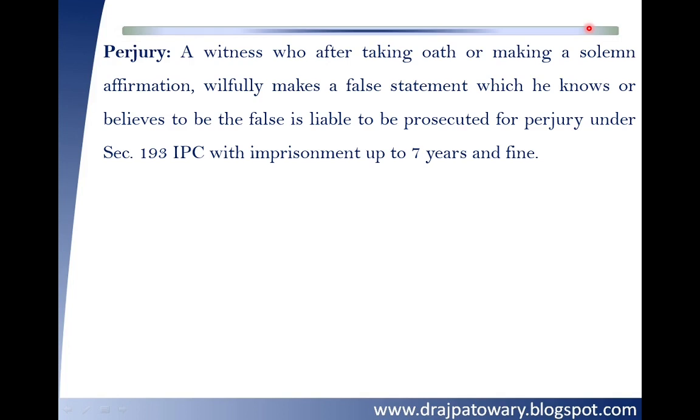So a willful false statement under oath is known as perjury. Under Section 193 IPC, the imprisonment may go up to 7 years. Different steps are there; it may be 3 years, but the maximum punishment is up to 7 years.